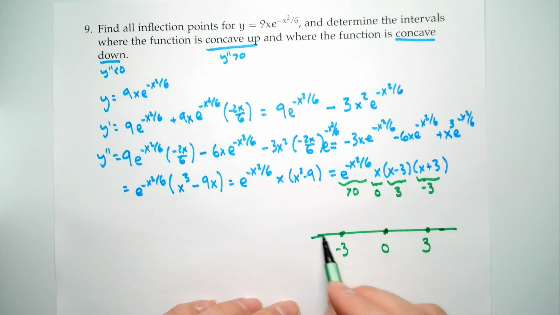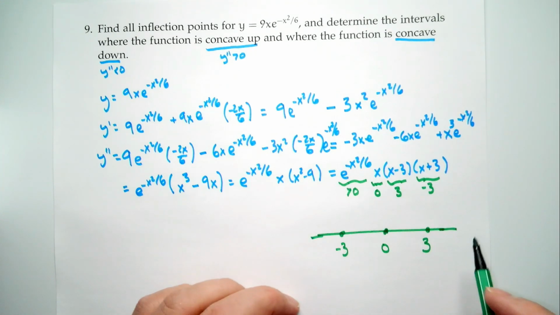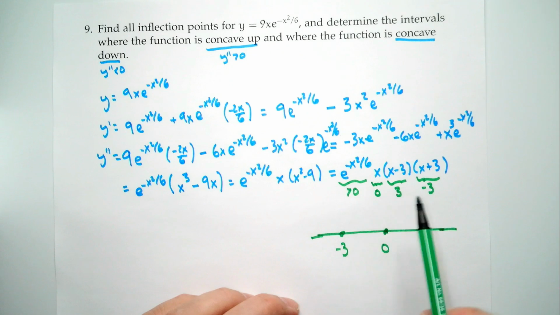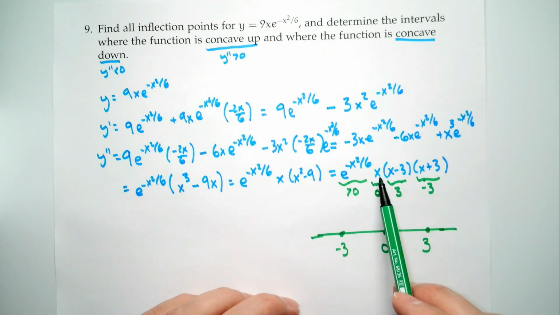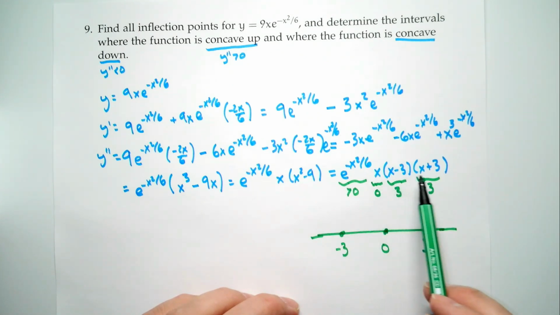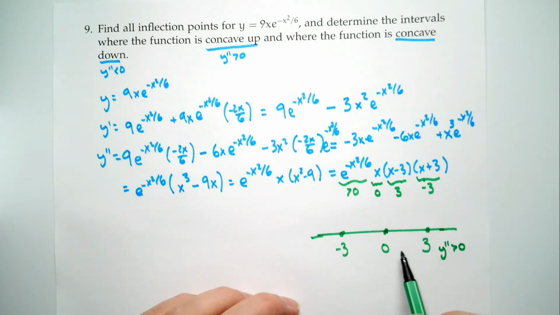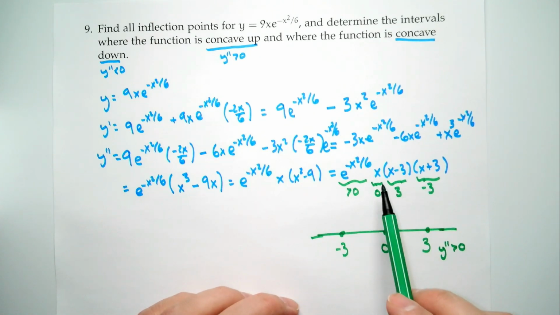And now we test. We pick values, something bigger than 3. Let's say 4. Again, the first term is always positive, so we plug in x equals 4. Positive, positive, positive. That's feeling very positive. Second derivative is positive. Between 0 and 3, 1. Always 1 is a good choice.